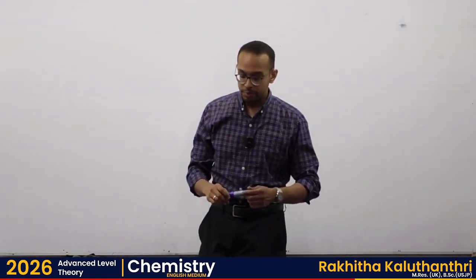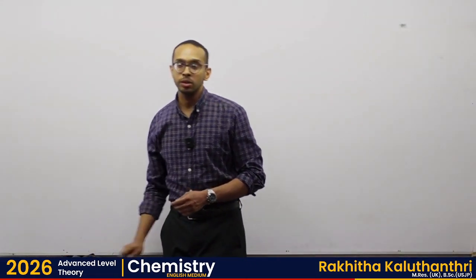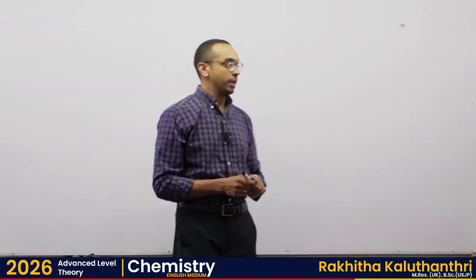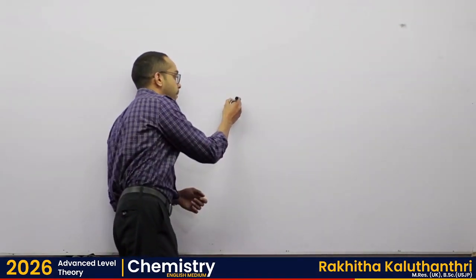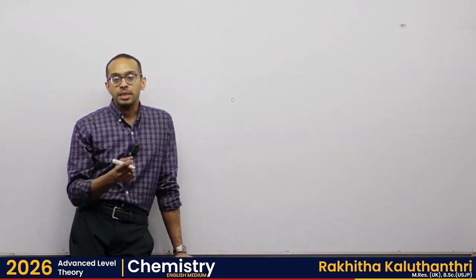When it comes to relative atomic mass, students, there is a small story that I would like to tell and get over with, because otherwise you would wonder why in the world we have another unit for relative atomic mass. The main reason we started using relative atomic mass is that an individual atom has an extremely small mass.